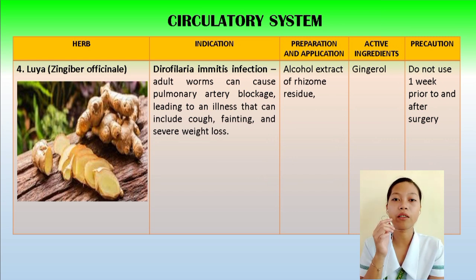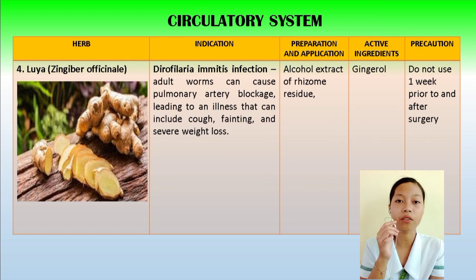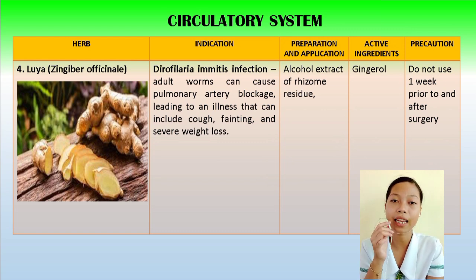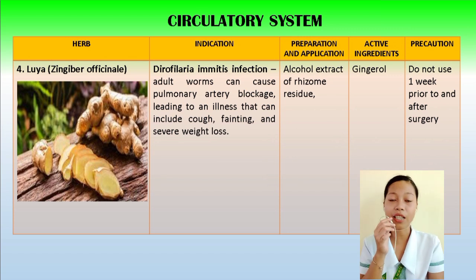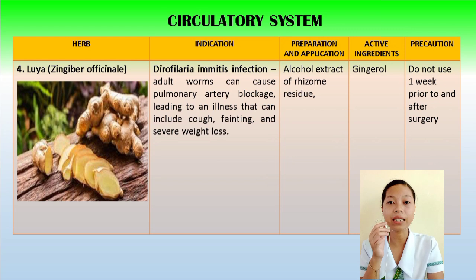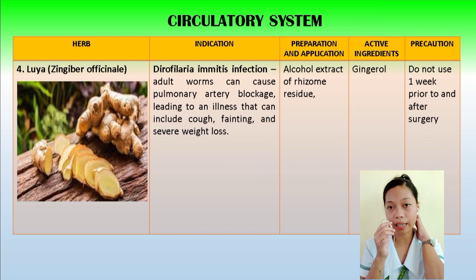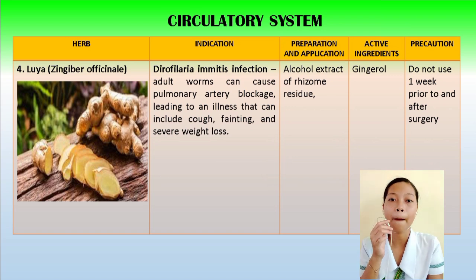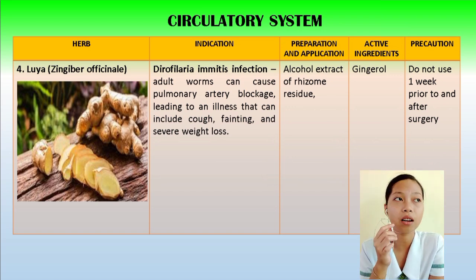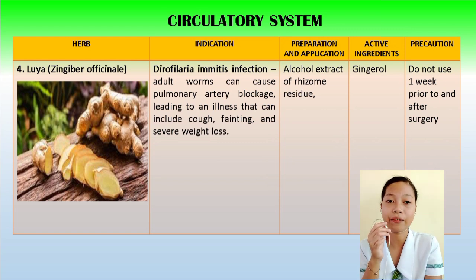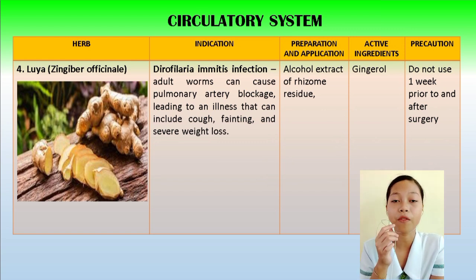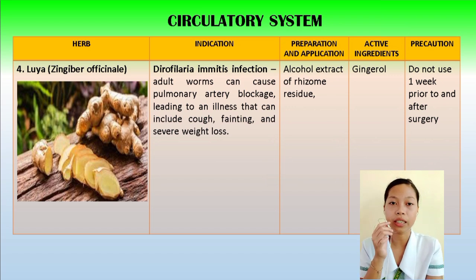It is treated with the residues of the alcoholic extracts of the rhizomes of Zingiber officinale or ginger. 12 subcutaneous injections of the extract given at 100 mg per kilogram reduce microfilaria concentration in blood by maximum of 98%, and this is due to the presence of gingerol, which is the active ingredient of the latter. Precaution: Do not use 1 week prior to or after surgery.